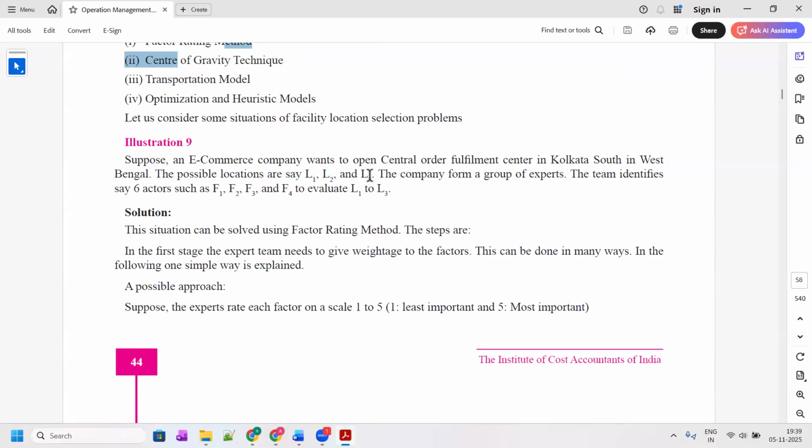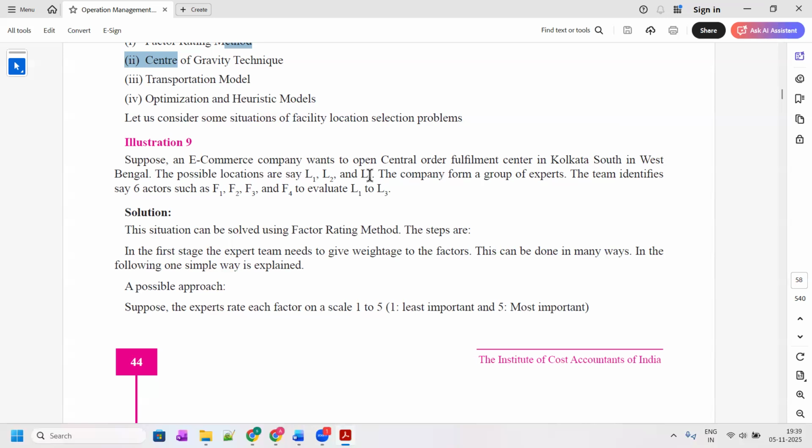Then the company forms a group of experts. These experts identified six factors, which they have written as F1, F2, F3, F4, F5, F6, to evaluate L1, L2 and L3. So here they have given some kind of parameters.